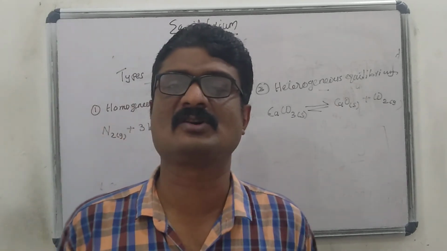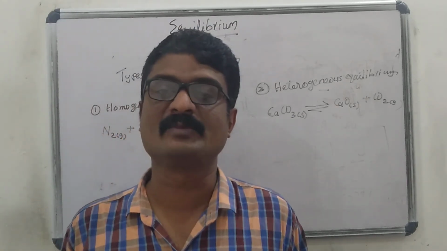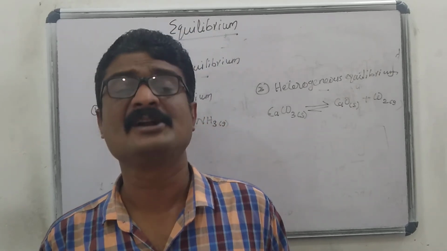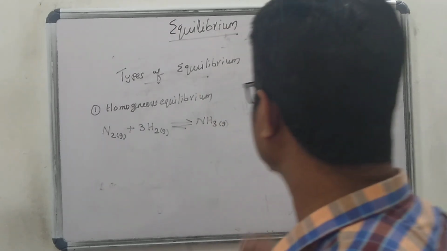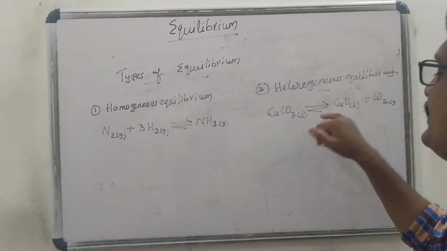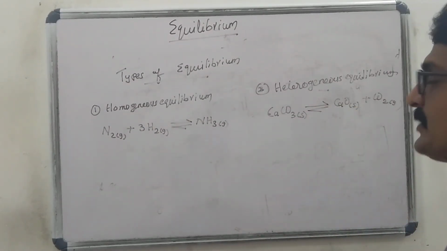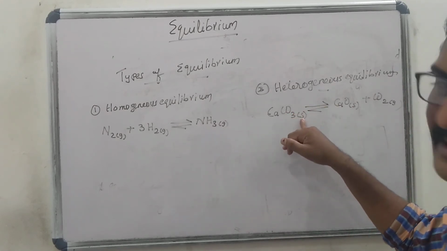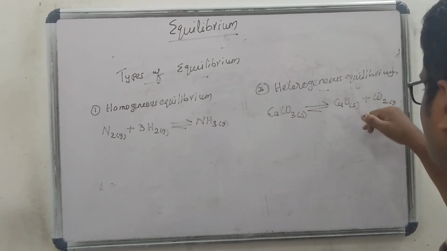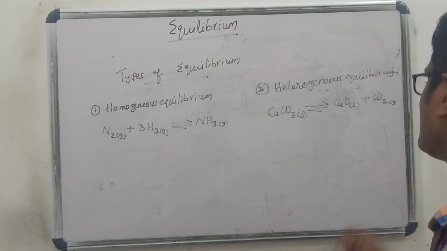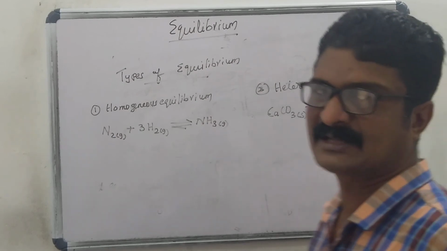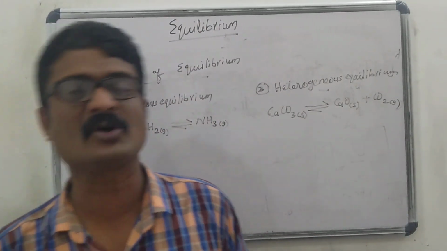But in the case of heterogeneous equilibrium, reactants and products are in different phases. For heterogeneous case, reactant in the phase product in the phase different ആണ്. Here, ഇവിടെ നോക്കുക, reactant ആയ calcium carbonate solid state exist ചെയ്യുന്നത്. But here, product ആയ carbon dioxide gaseous state exist ചെയ്യുന്നത്. ഇതാണ് രണ്ടും തമ്മിലുള്ള difference.